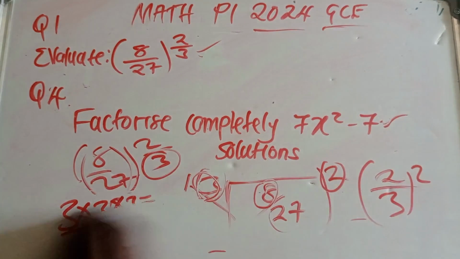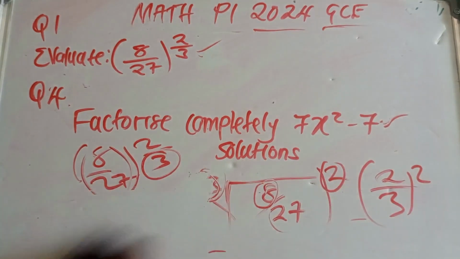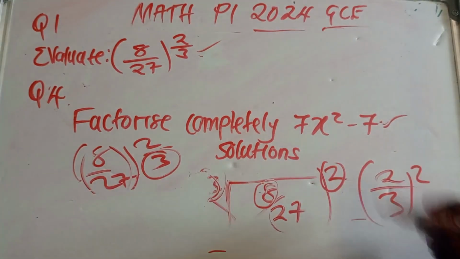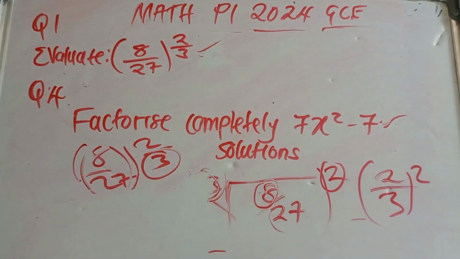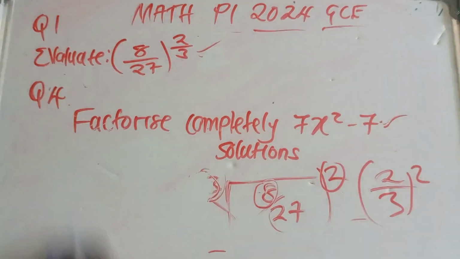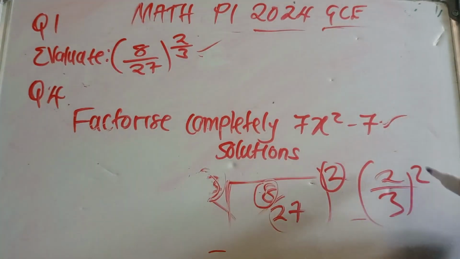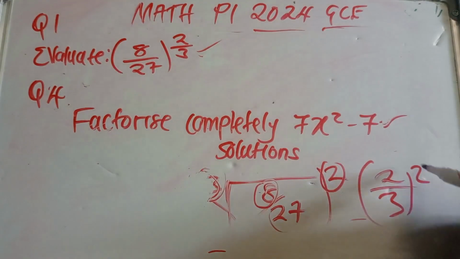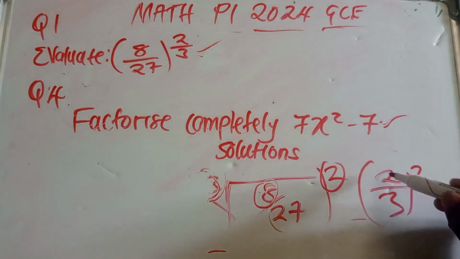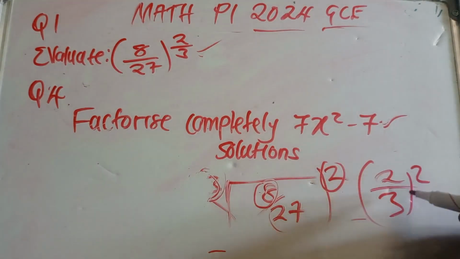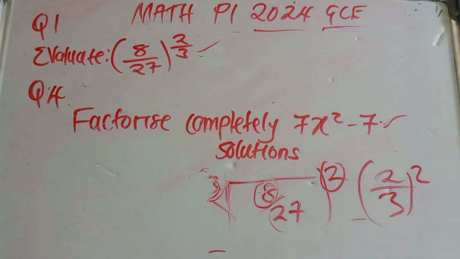So now, since we have done this, all we need to do is just to solve this part. And as you can see, if these numbers are in brackets, then they are raised to a certain power. It means this power belongs to this one, which is of course 2, and this same power belongs to this 3.